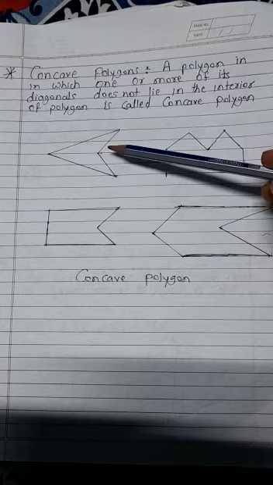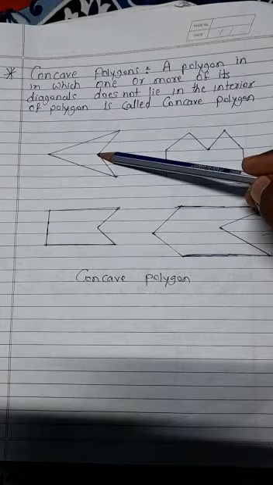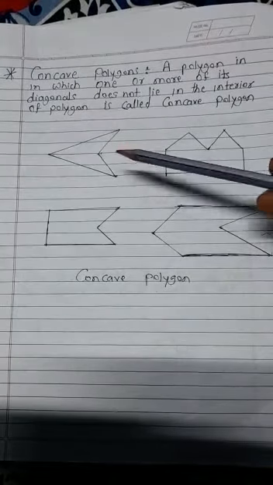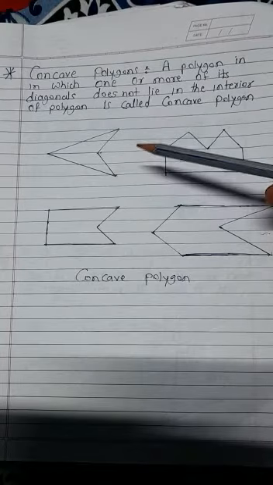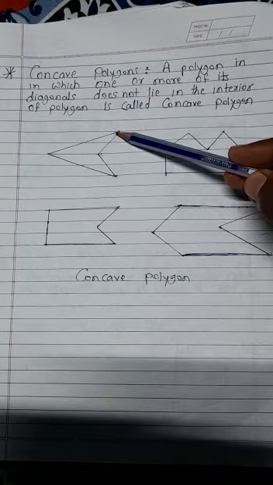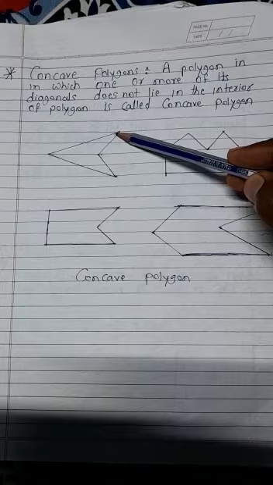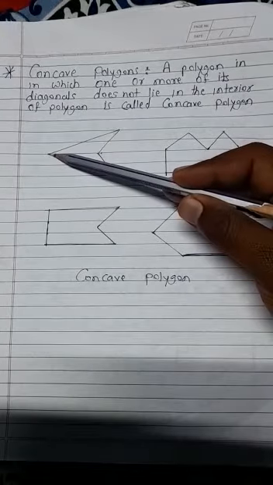See, for this vertex, these two are its adjacent vertices, so only one non-adjacent vertex is this one. When you join this, you will get the diagonal. When we come to this vertex, its adjacent vertices are this one and this one.